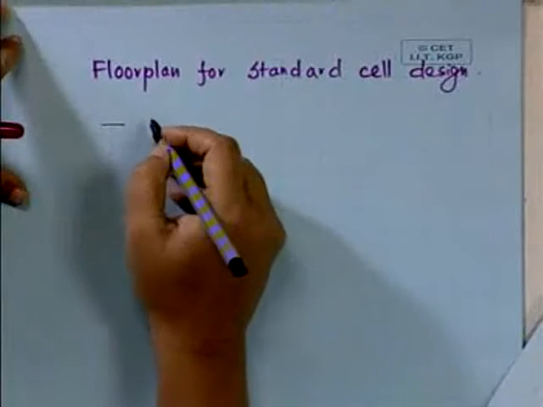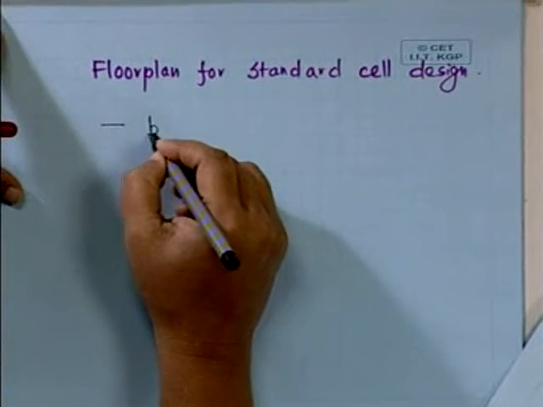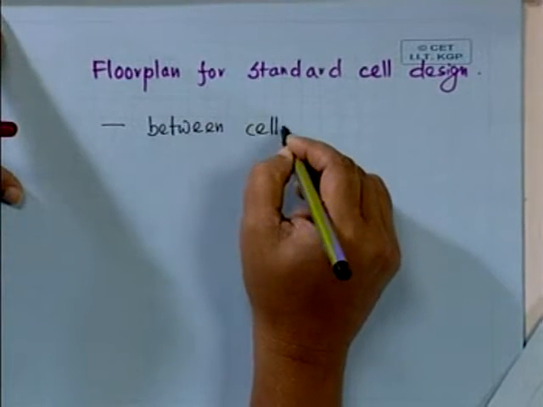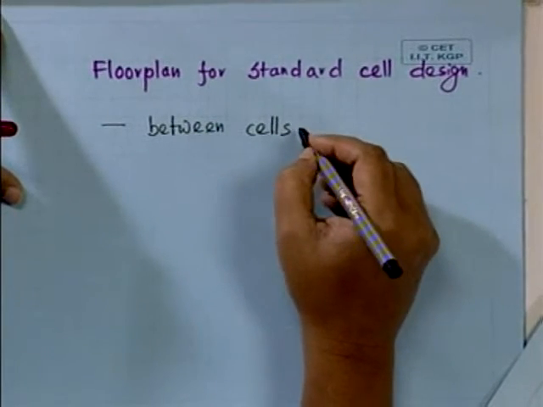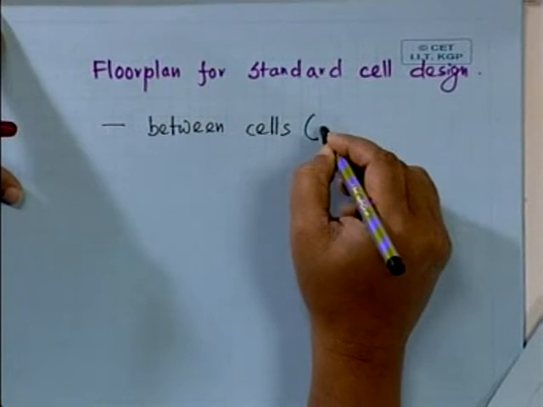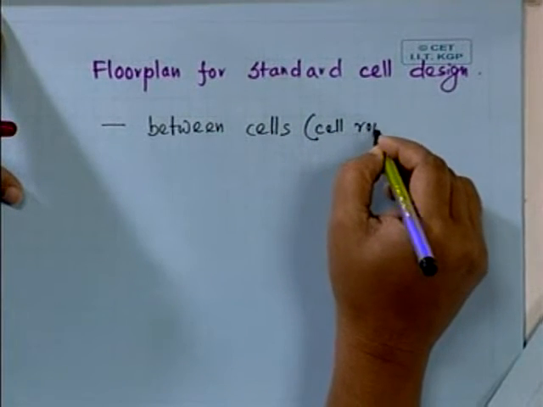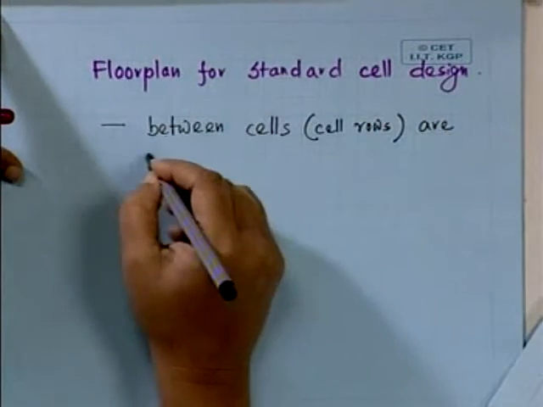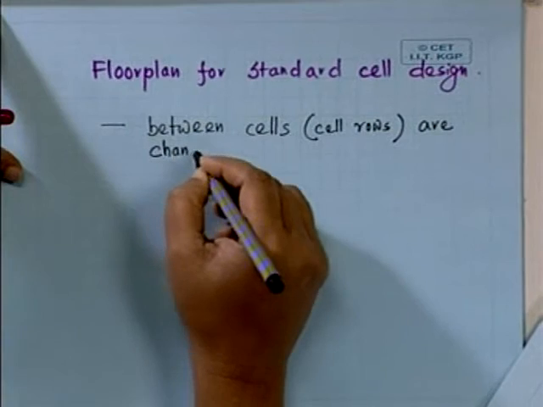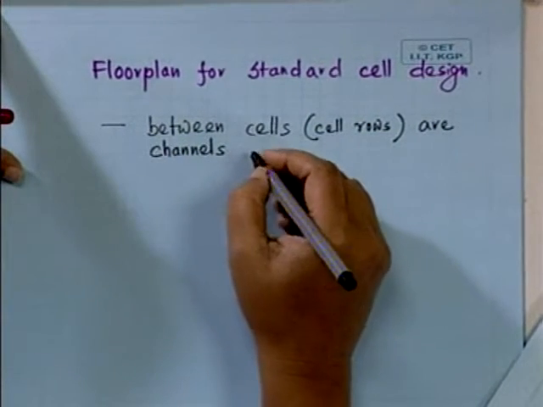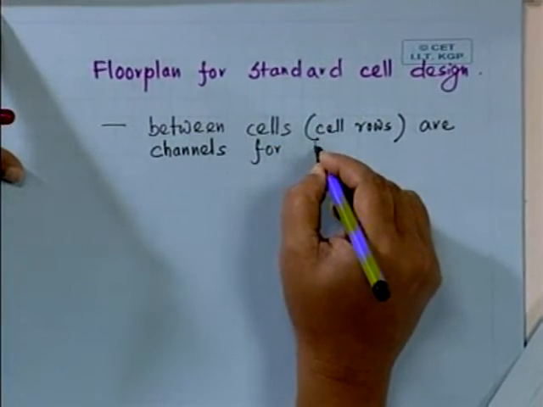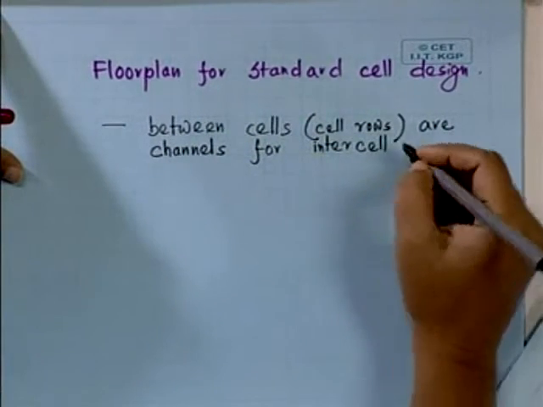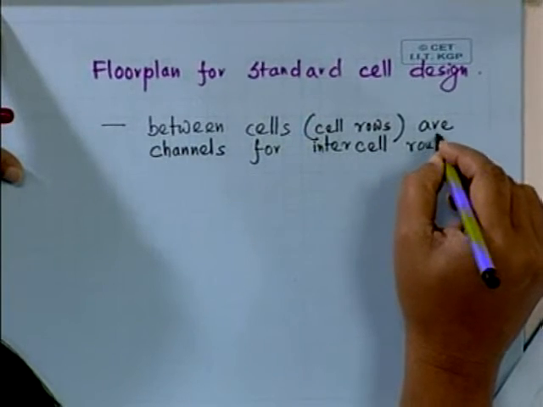So, we can write that in the floor plan, between cells or cell rows are channels for intercell routing.